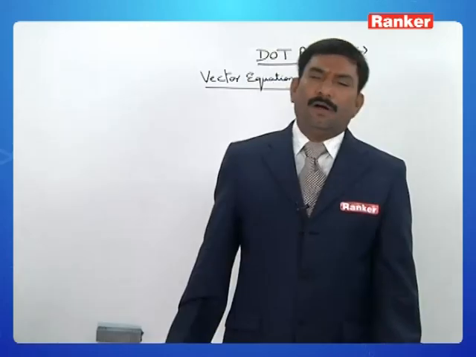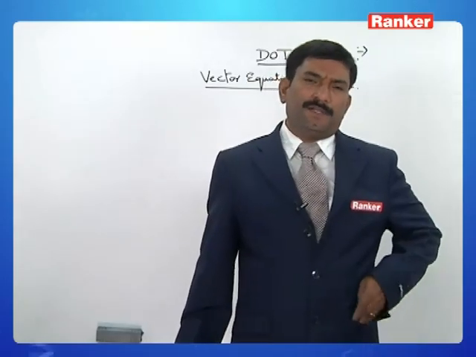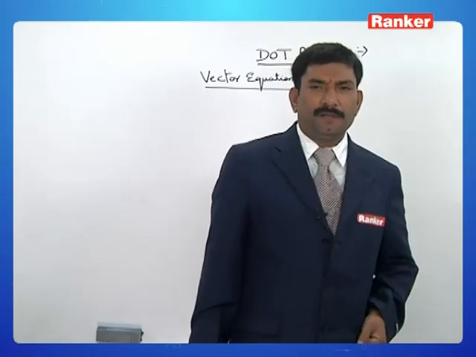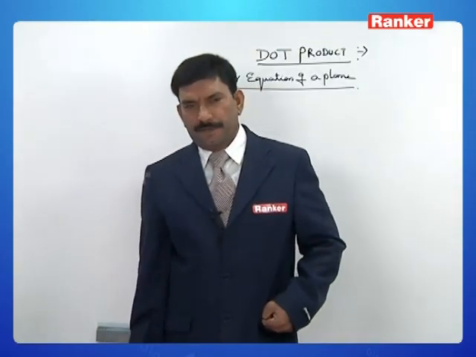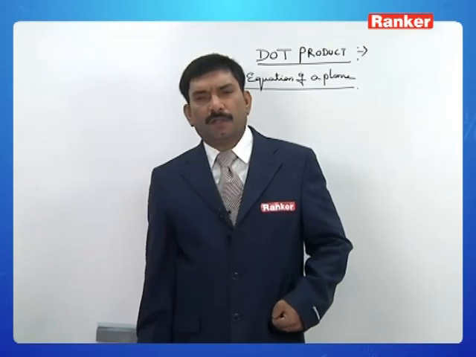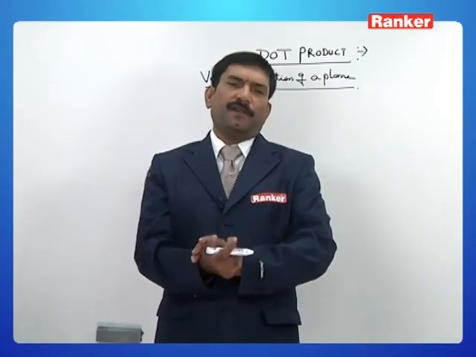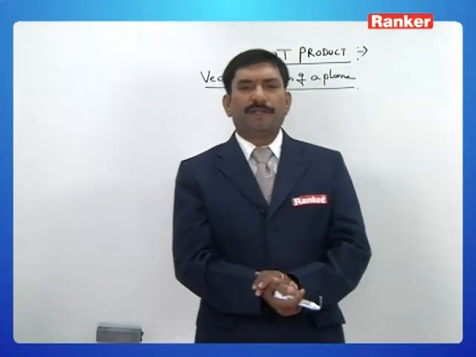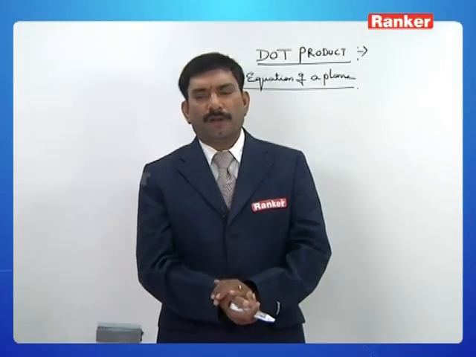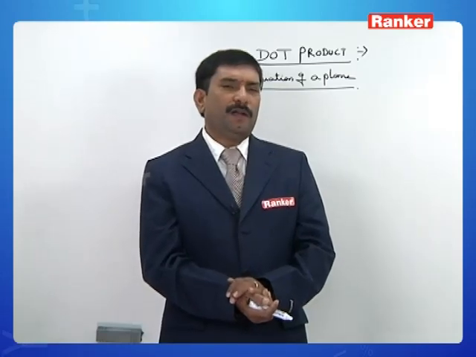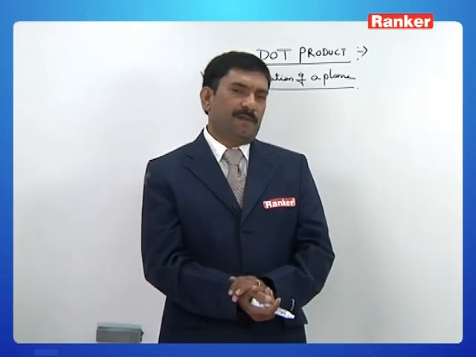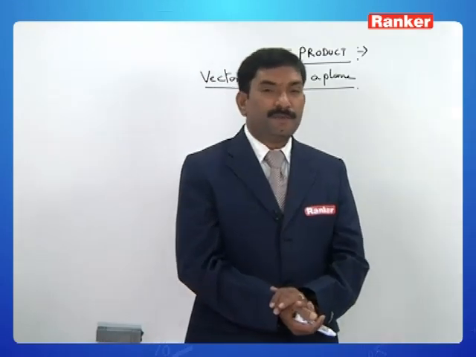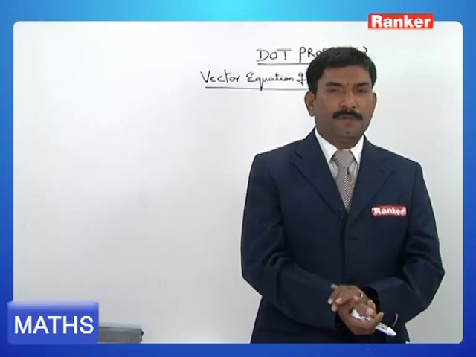Yes, already you have come across planes in the addition of vectors. The first one is the vector equation of a plane passing through the point A bar and parallel to the vectors B bar and C bar, which is given by R bar is equal to A bar plus S B bar plus T C bar.